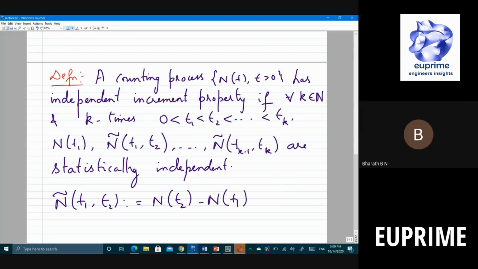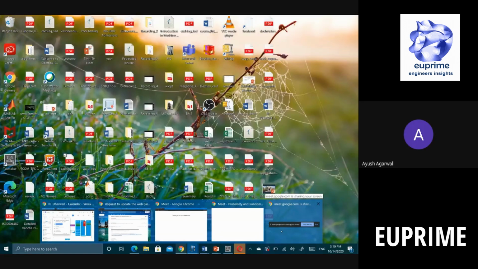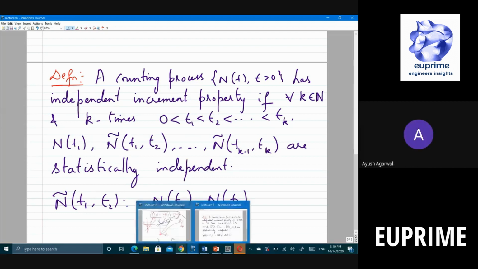My question is that N(t1, t2) will not be equal to N(t1, t3)? It need not be. See, N(t1, t2) will be equal to N(t1, t3) provided N(t2, t3) is 0, right? Nobody arrived in that interval. Is that fine? Yeah, okay.